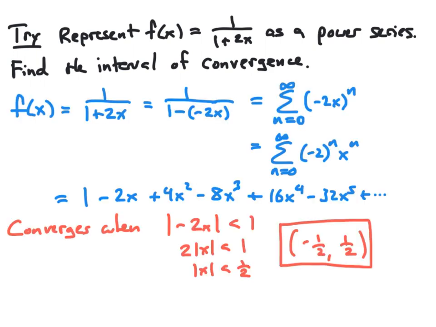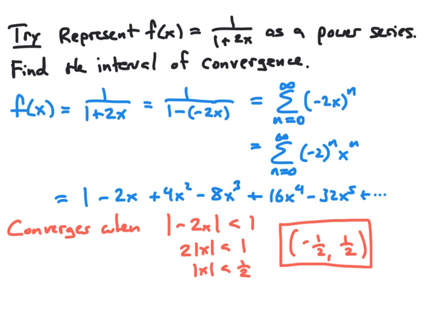We first need to write our function 1 over 1 plus 2x in the standard geometric series form, 1 over 1 minus something, and here that something is -2x. So our function can be written as 1 over 1 minus the quantity -2x, which means our power series representation will be the series from n equals 0 to infinity of (-2x) to the nth power.